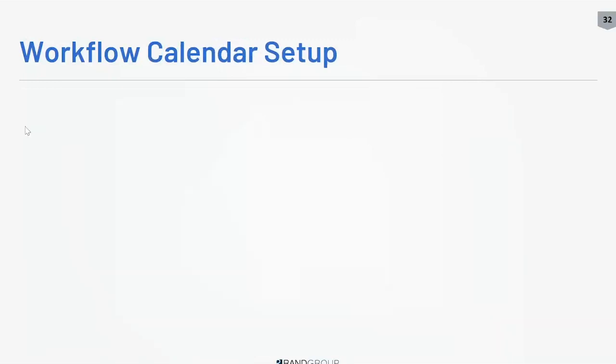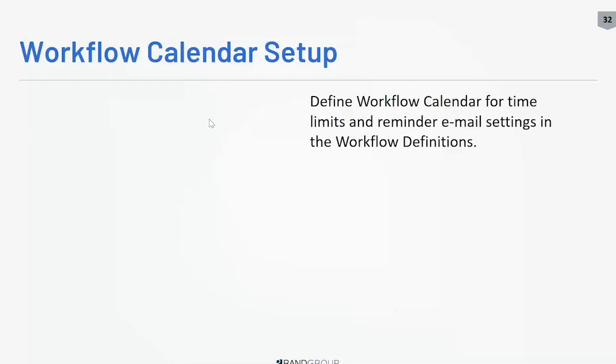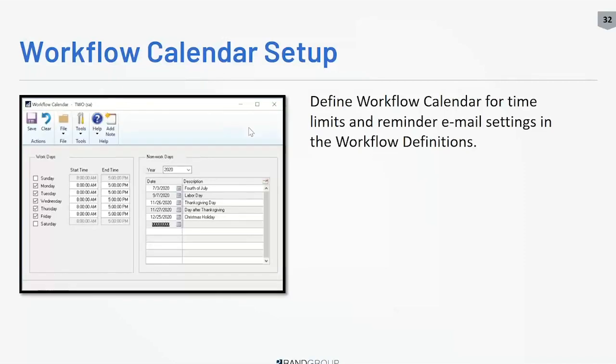You also need to set up your calendar. You can define your workflow calendar for time limits and reminder email settings in the workflow definitions. As an example, here might be a workflow calendar for 2020 that dictates the different work days of the week, as well as the non-work days based on your holiday schedule for your organization.